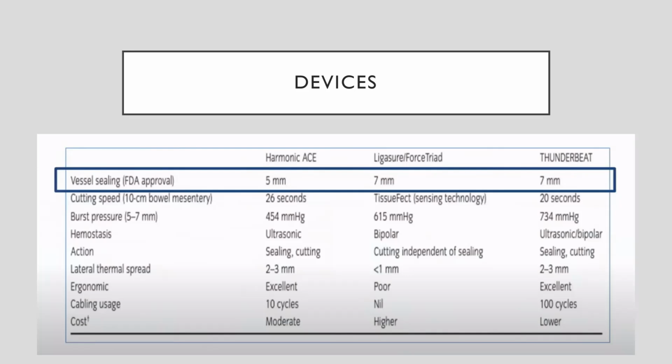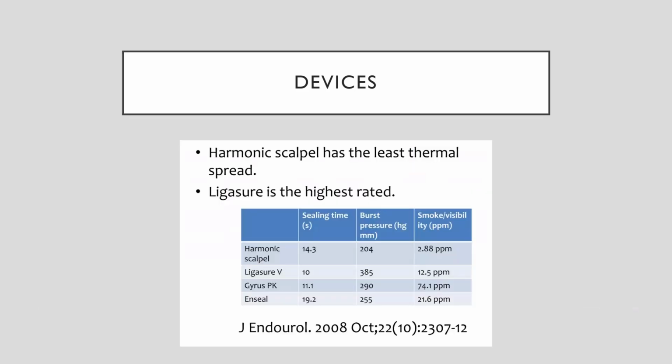You might be doing some kind of surgeries which is more suitable for one device than the other. So it depends on your scenario, your practice, the kind of surgeries that you do, the cost at which you do. So all these things have to be taken into account whenever you decide to buy an advanced bipolar or vessel sealing device. And also be wary that different studies highlight different things.